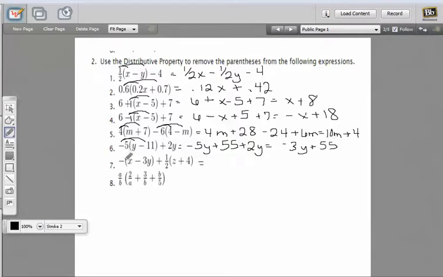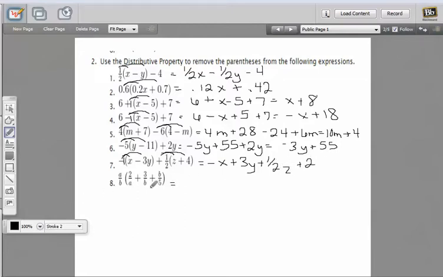In number 7 here, we have to distribute the negative 1 for starters, so that's a negative x plus 3y. And then we have to distribute the 1/2, so that's a positive 1/2 z plus 2.